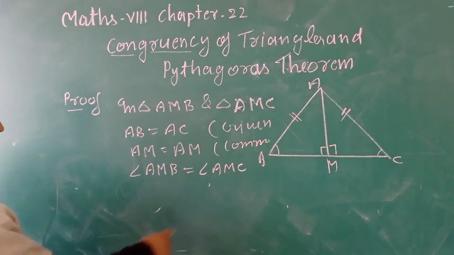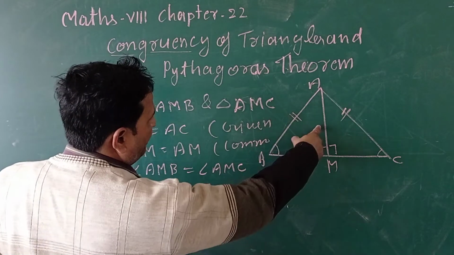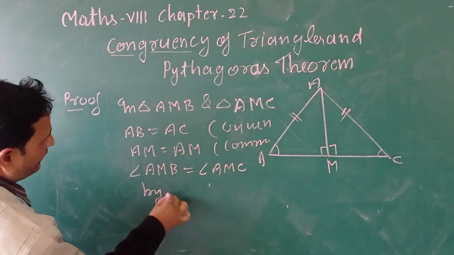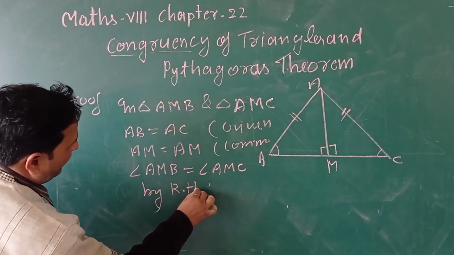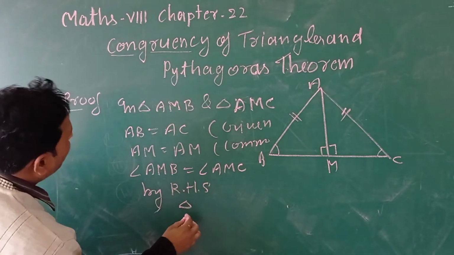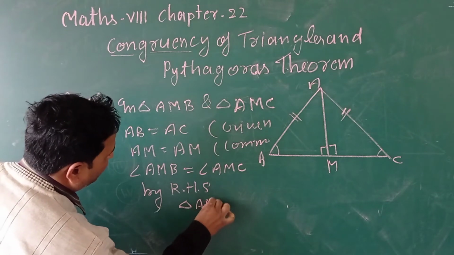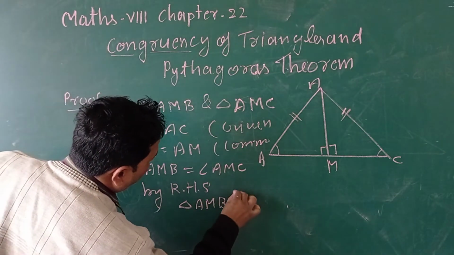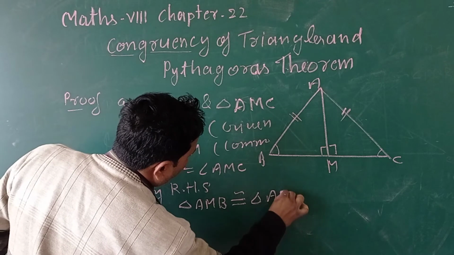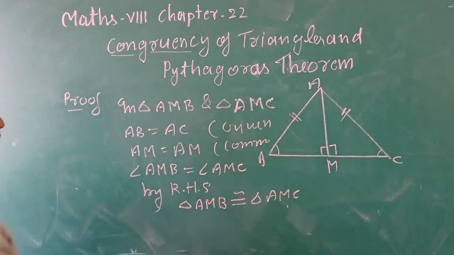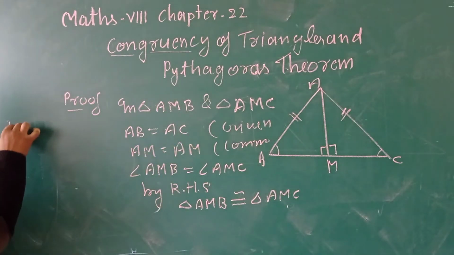Then by right angle hypotenuse side, RHS, triangle AMB is congruent to triangle AMC.